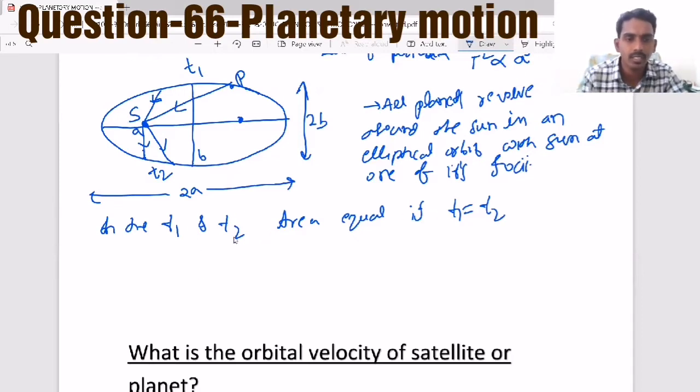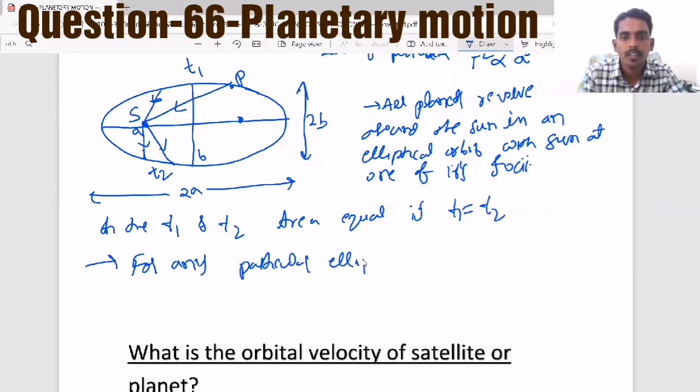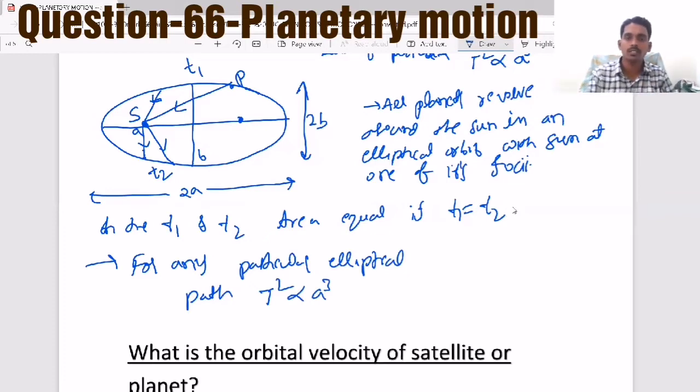And then for any particular elliptical path, the square of the time period is directly proportional to the cube of a, that is the semi-major axis.